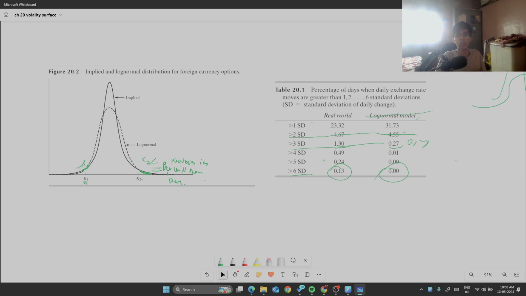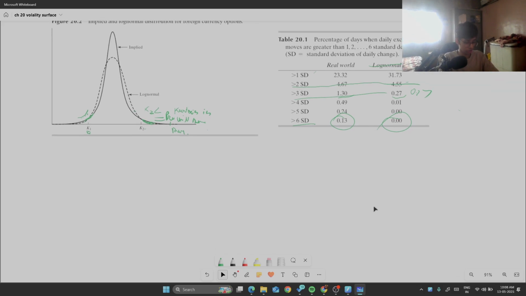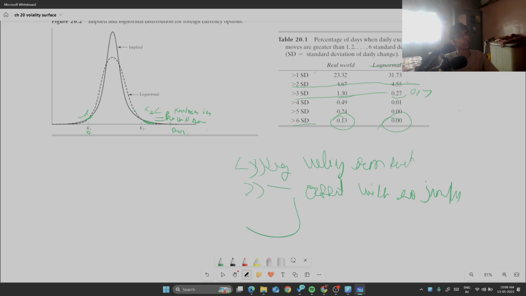The reason for the fat tail of the distribution is, first, that in the log normal assumption the volatility remains constant. The second major reason is that the log normal assumption is for an asset with no jumps, but in real life there is a jump, and that disturbs the distribution of our data.